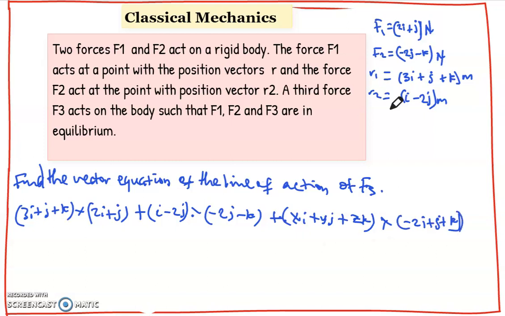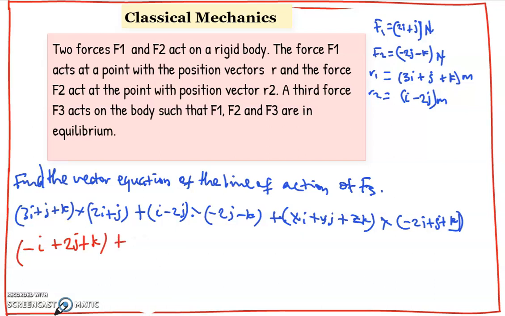So multiply these together, and let me use a different color. When we bring all these components together, you will simply have negative i plus 2j plus 2j plus k plus k.